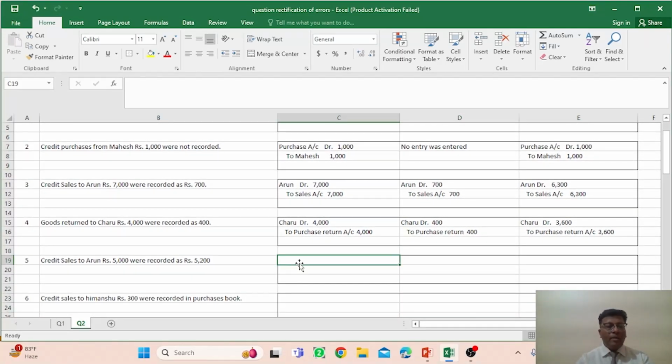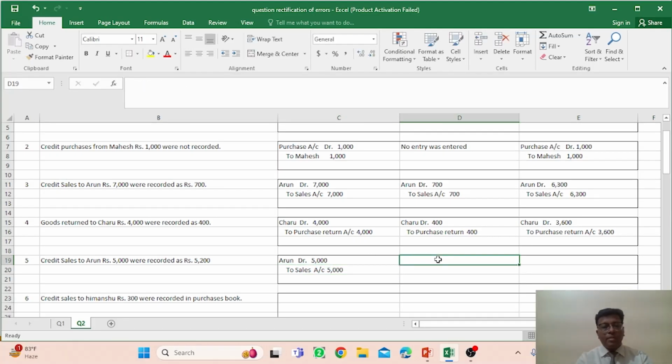Now the next transaction is that credit sales to Arun, rupees 5,000, were recorded as rupees 5,200. Let us see. For credit sales to Arun, the correct entry should be Arun debit rupees 5,000 to sales account rupees 5,000.